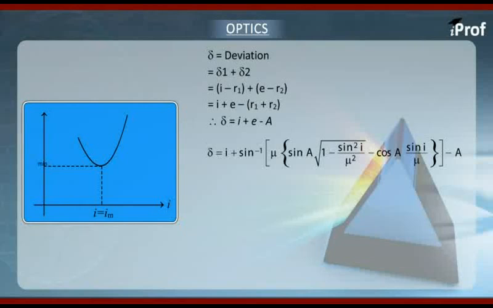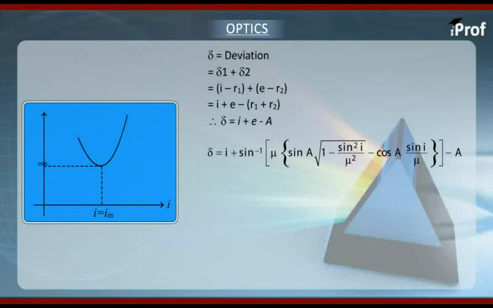Now it's really horrifying looking at this equation, and if somebody asks you to trace the graph, it will be much more difficult. We have done a laboratory demonstration where we are asked to draw a graph between deviation versus angle of incidence. One thing is very sure, it is a non-linear function.